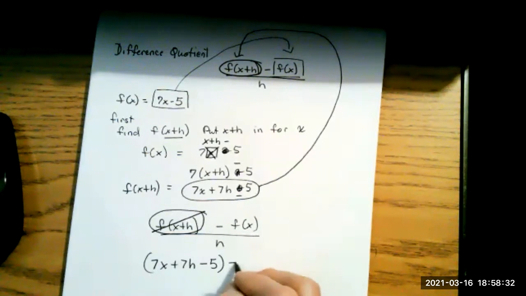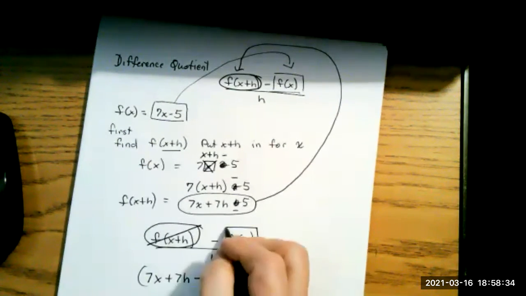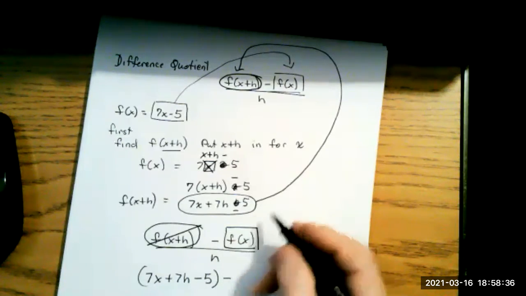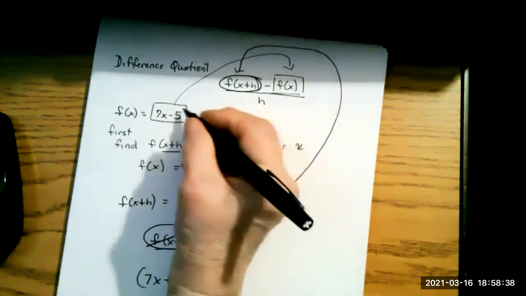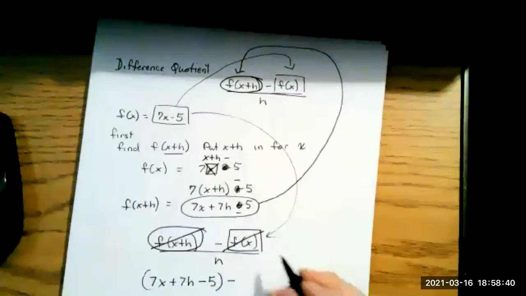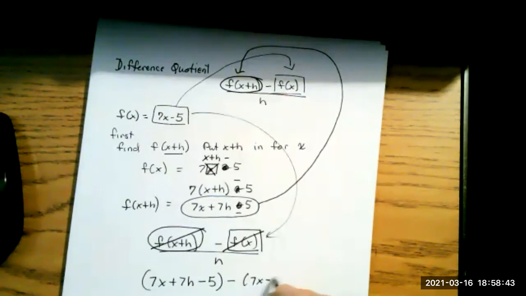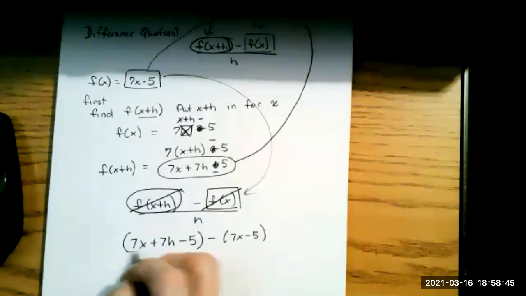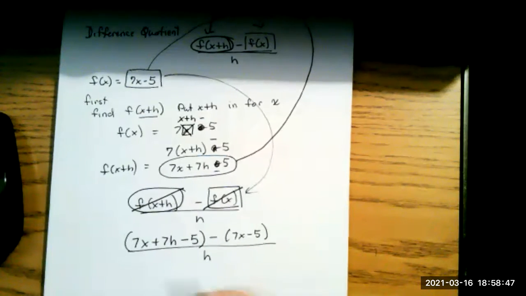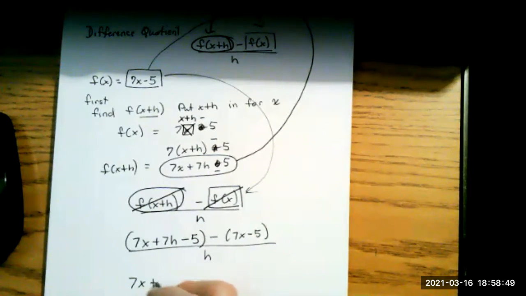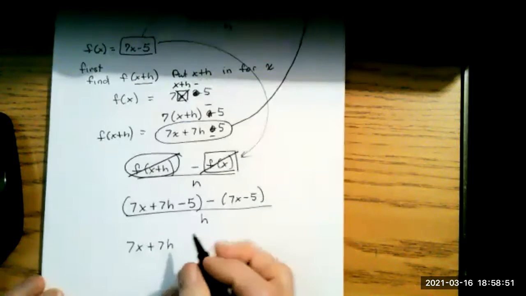The minus goes in between there. And in this spot right here, I'm going to take this out and put that 7x minus 5 in its spot, all over h. Now I just have to remove those parentheses.